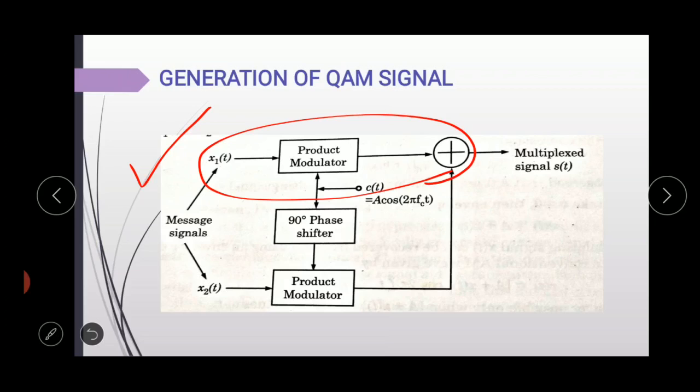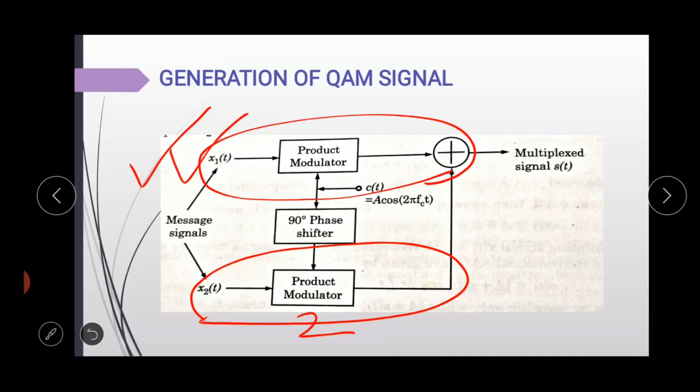And this other channel is known as the quadrature channel. Why is it the quadrature channel? Because the carrier given to product modulator 2 is 90 degree phase shifted, and 90 degrees is one quadrature. So this one is the quadrature phase channel or Q channel, and the one above is the in phase channel, that is the I channel.